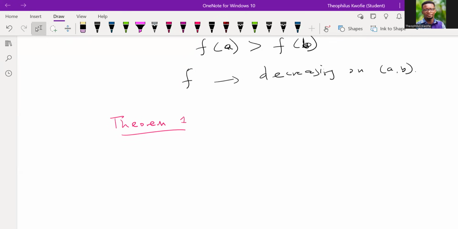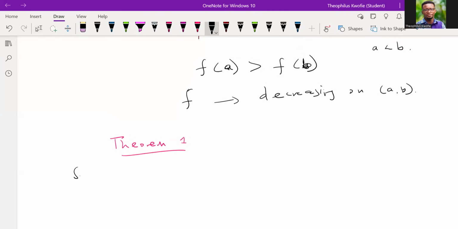Suppose that a function f is differentiable over an open interval, like A and B. Now we understand what we mean by differentiable.